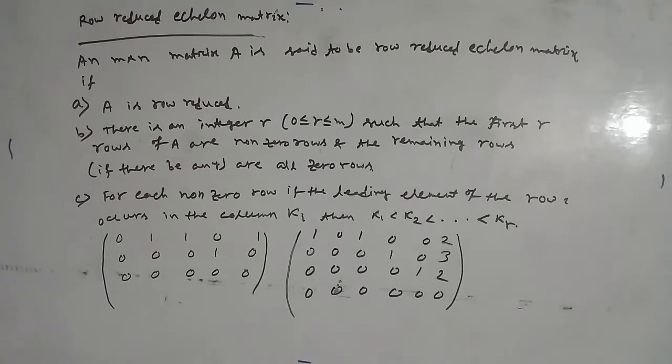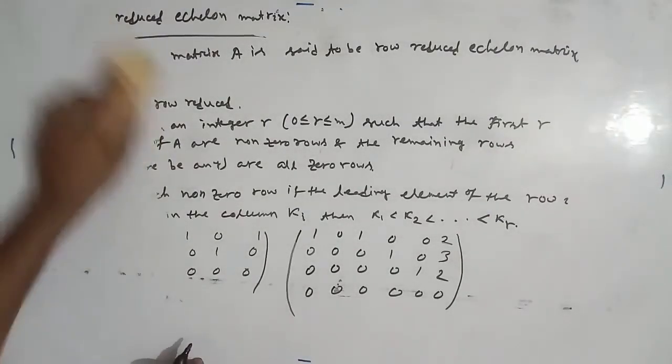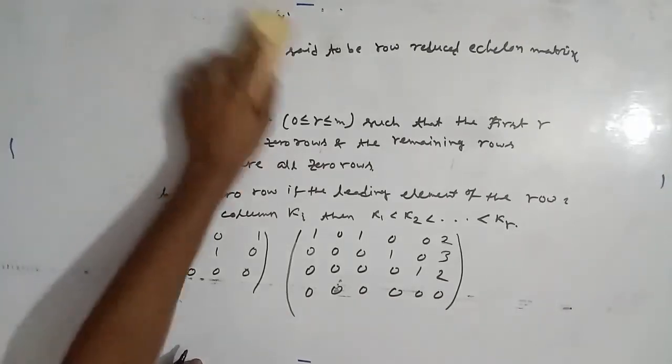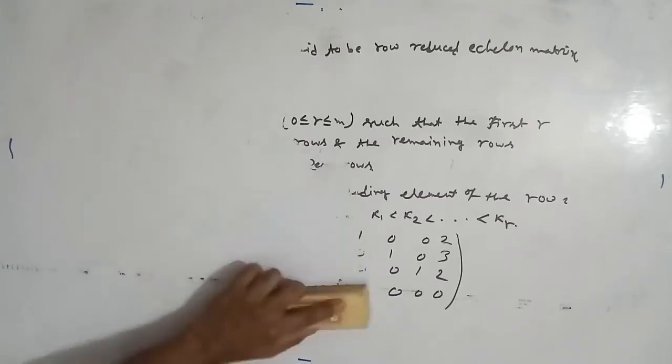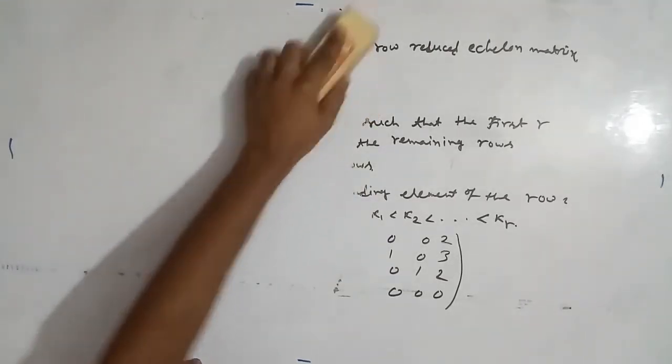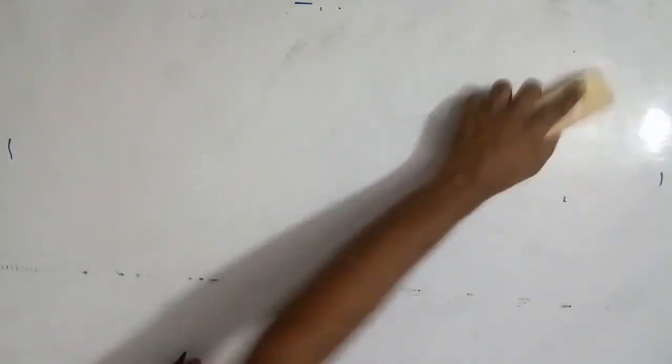Now how can we find the rank and what is the relation between this row reduced matrix or row reduced echelon matrix and the rank of a matrix? So the number of non-zero rows in a row reduced matrix or row reduced echelon matrix is called the rank of the matrix.